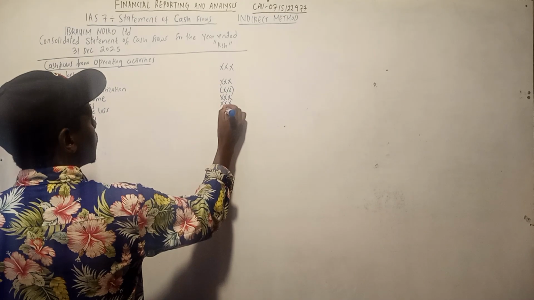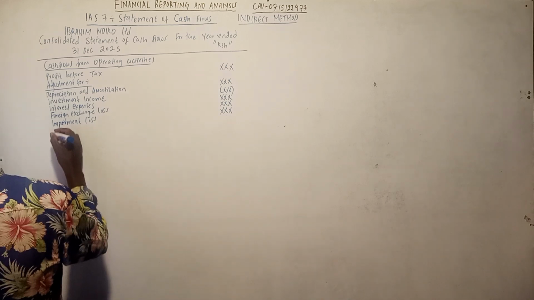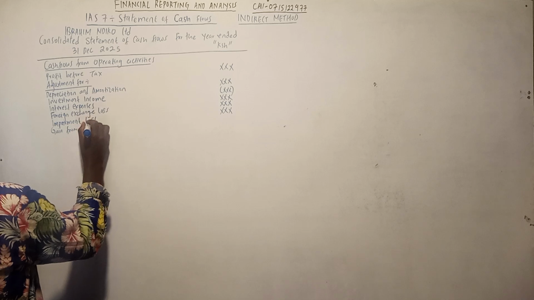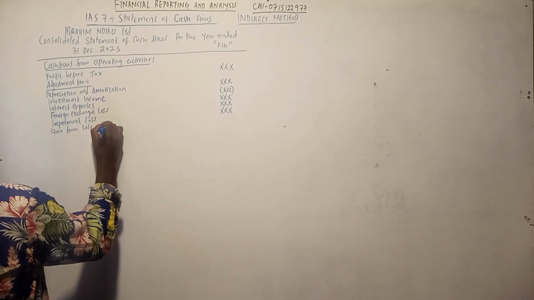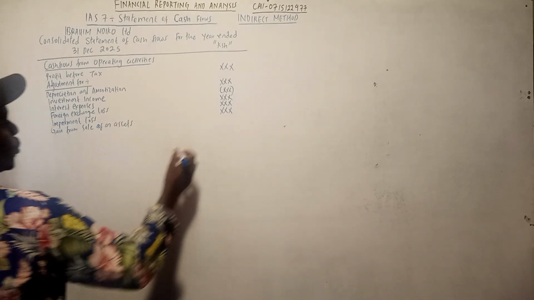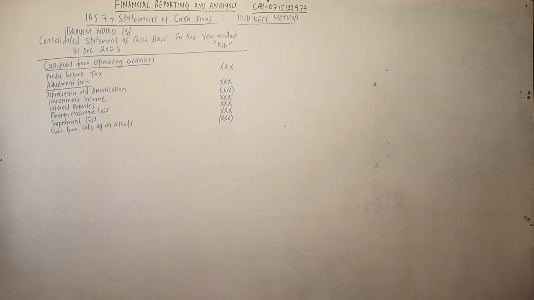We also add it back since it was deducted. We have the gain from sale of an asset. So we deduct, because it was added, we need to deduct.